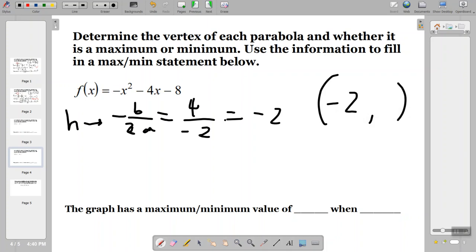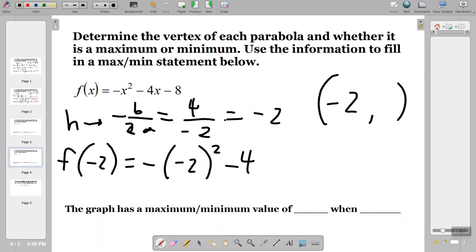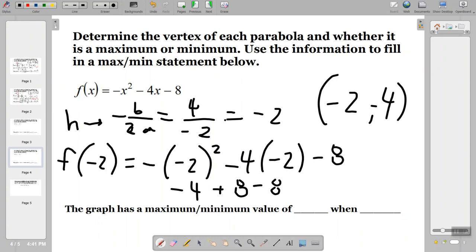So we have negative 2 as the x coordinate, and then we'll plug that in. f of negative 2 is the negative of negative 2 squared minus 4 times negative 2 minus 8. Negative 2 squared is 4, times negative 1 is negative 4, plus 8 minus 8. So we have negative 4 as the y.